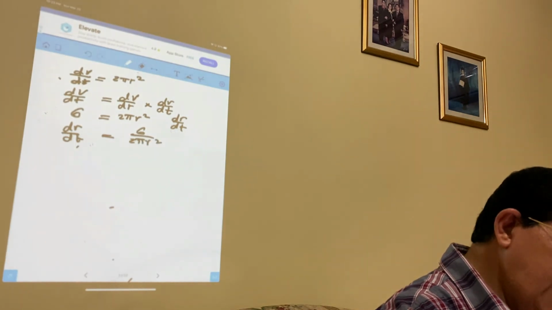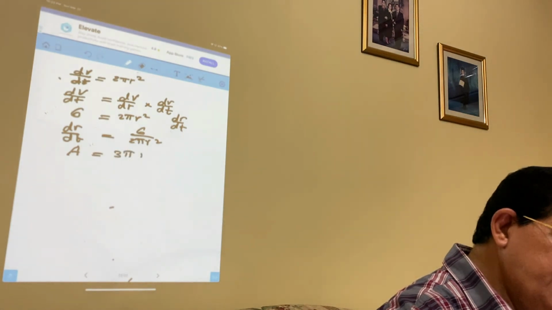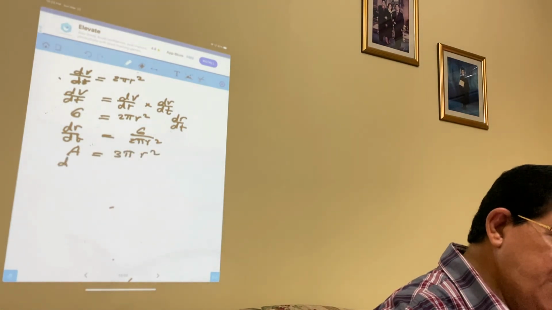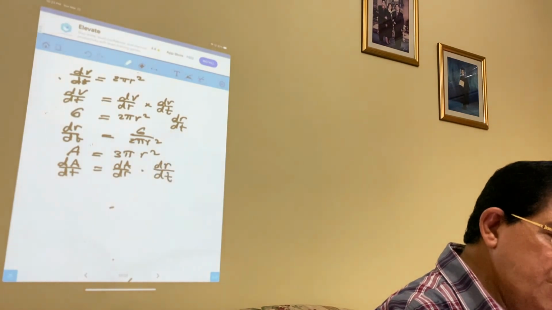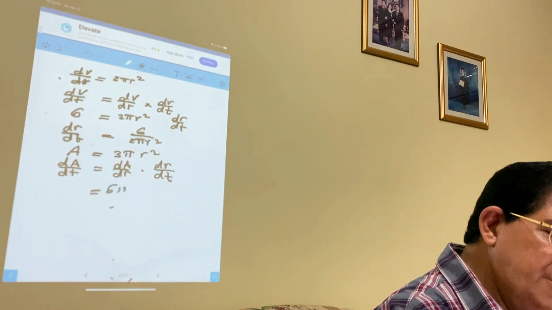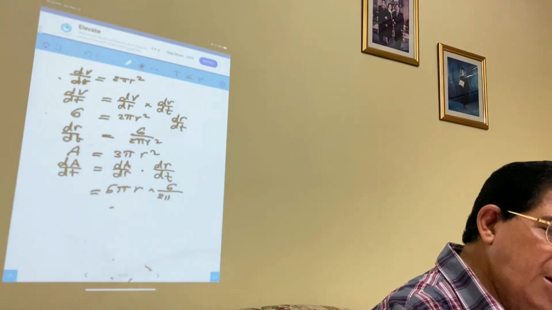Then we have A equal 3 pi r square. dA by dt equal dA by dr times dr by dt. We just substitute. dA by dr is 6 pi r times dr by dt, which is 6 over 2 pi r square.